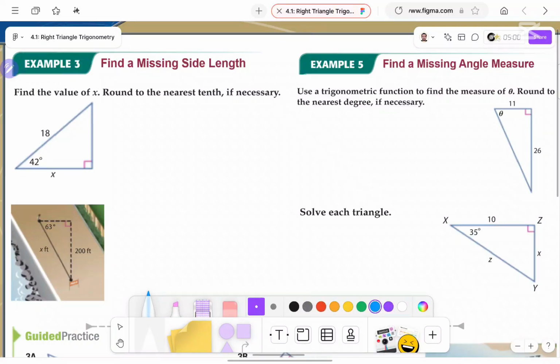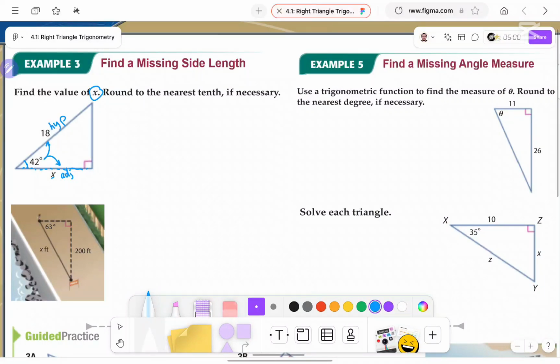Example 3 says find the value of x. The value of x means we need to find this side here. As we mentioned before, we have to use the given angle, which is 42. Regarding this angle, x is the adjacent and the given side, 18, is the hypotenuse.